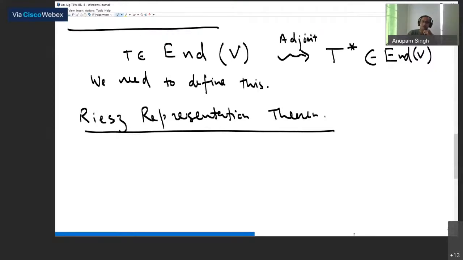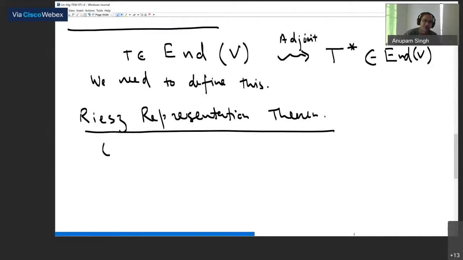But here we are working with finite dimensional vector spaces, so most of the proofs become much simpler than what you would see in the Hilbert space setting in functional analysis. This theorem here is very simple as opposed to when you see it in functional analysis. But it is the same theorem. That's why I'm writing it as the Riesz representation theorem instead of just saying it's a lemma.